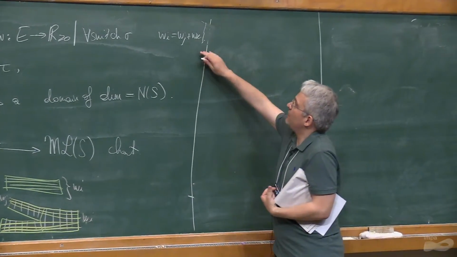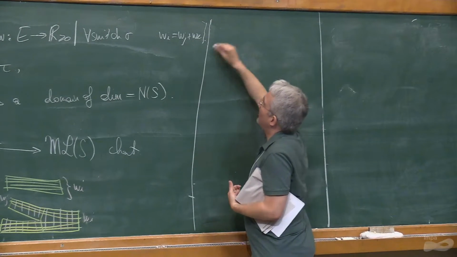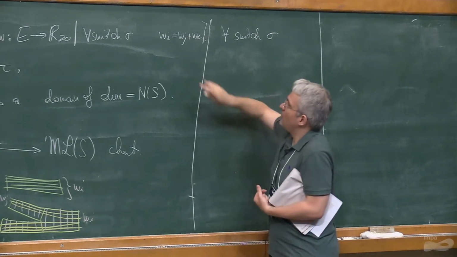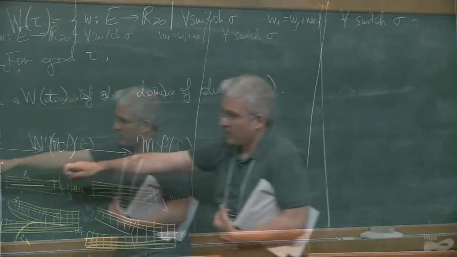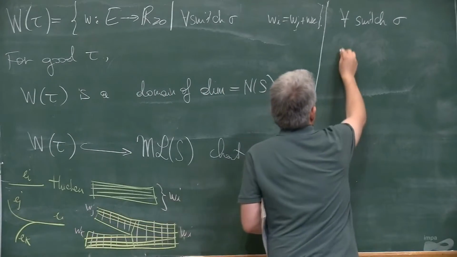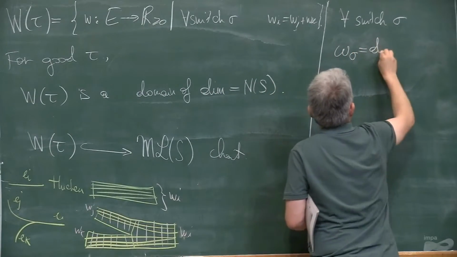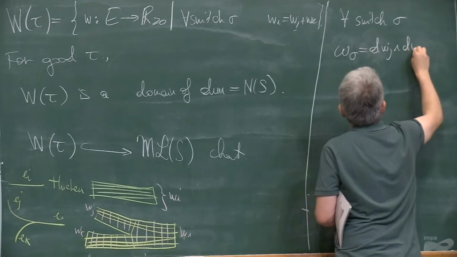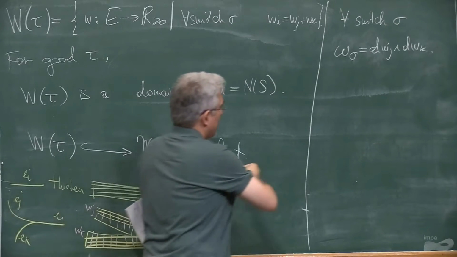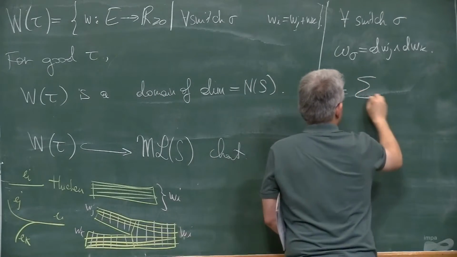So you see that here we have these quantities W_i. For every switch sigma, we can take the two edges which are on the same side, and we can define omega_sigma to be dW_j wedge dW_k, and then we can take omega to be the sum over all the switches.